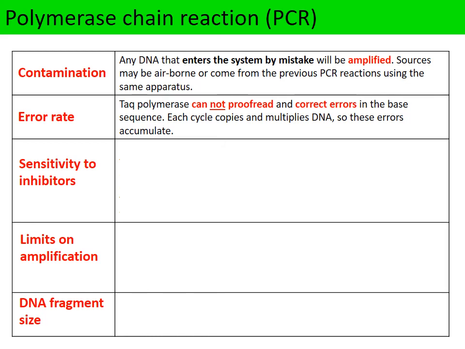The DNA polymerase from our cells, from our nuclei, does proofread. When we make brand new DNA during DNA replication, the DNA polymerase proofreads the new strand to make sure it's free of any errors. But this bacterial polymerase does not do that. So PCR can occasionally introduce some errors.